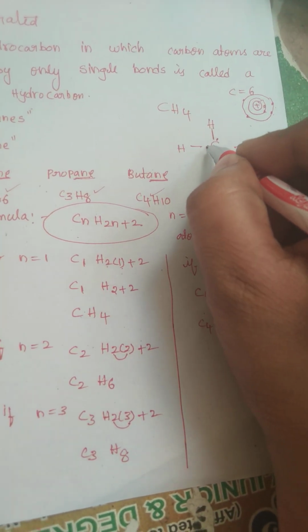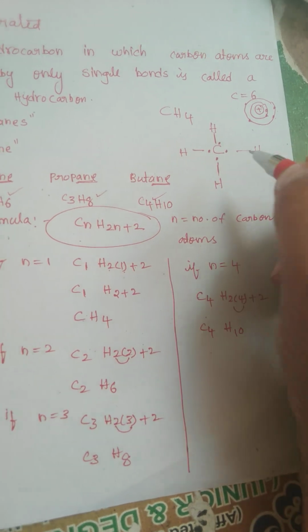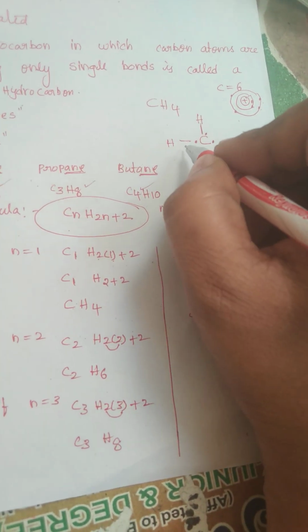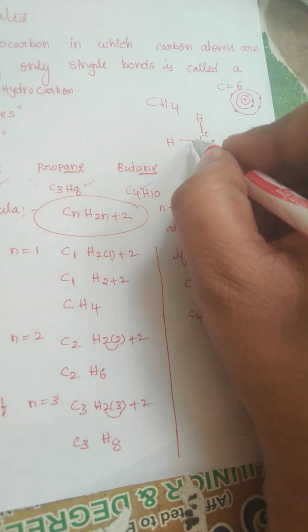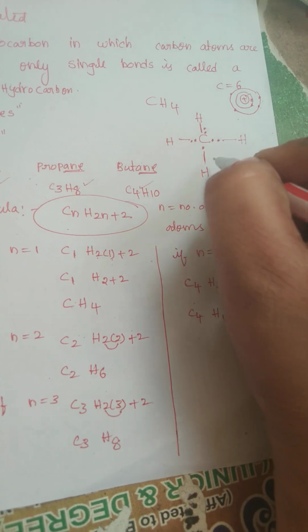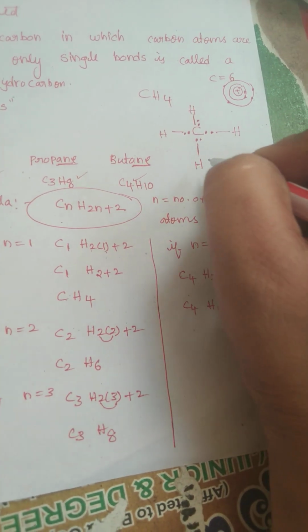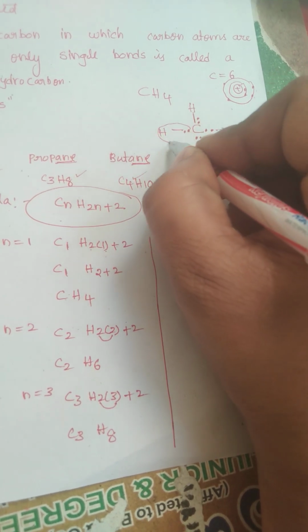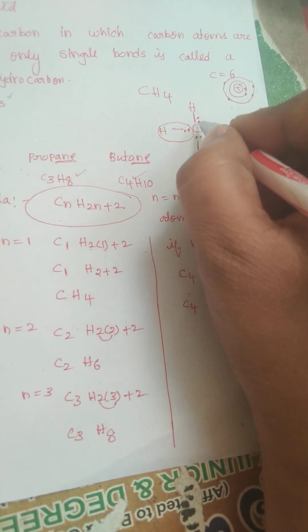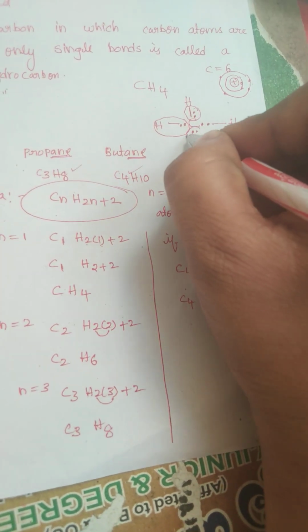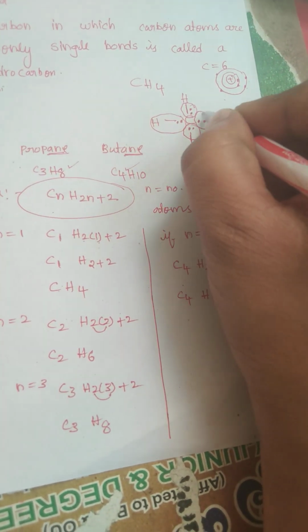Now coming to hydrogen, what is the atomic number of hydrogen? 1. I mean it has only 1 electron in its outermost shell. So each hydrogen has 1 electron. These electrons will be utilized by the hydrogen atoms, one each.